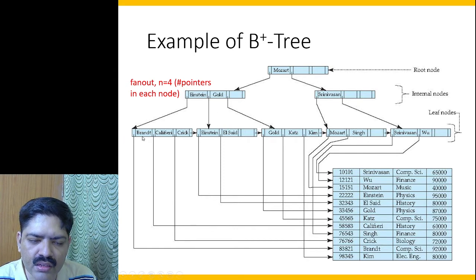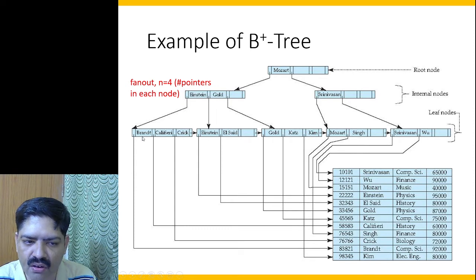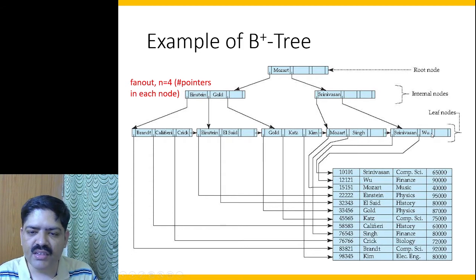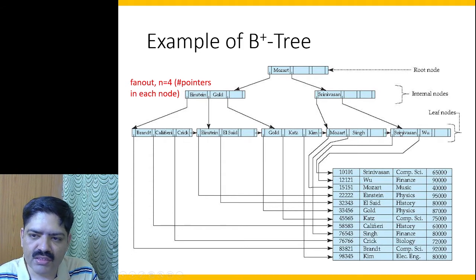And if we just wanted sequential access, we could directly jump to the leaf and go from left to right, and we have pointers at the end of each node pointing to the first data item of the next leaf node, and so on. This way I could simply get ordered sequential access of all names if I want to. So that's another advantage of using B plus trees.